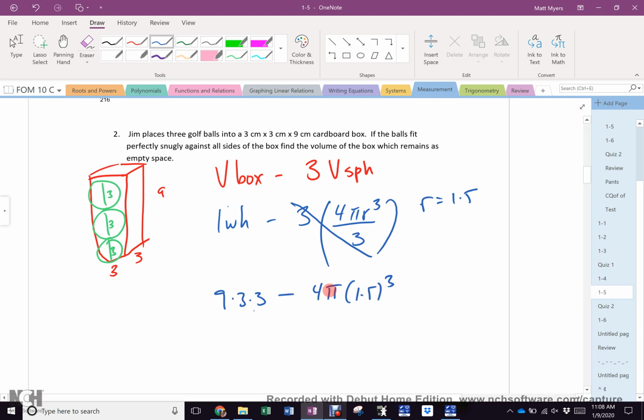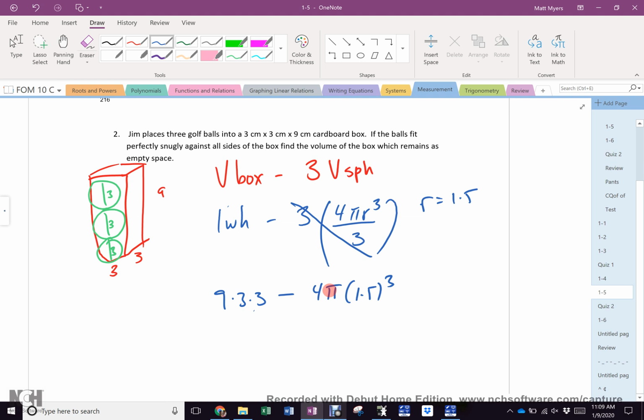I'm interested to see. So everybody punch in just what you see. 9 times 3 minus 4 times pi times 1.5 cubed.